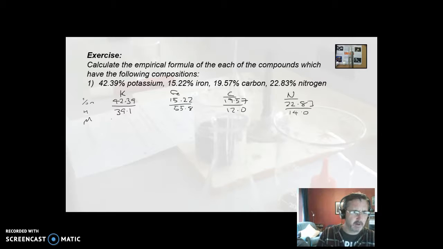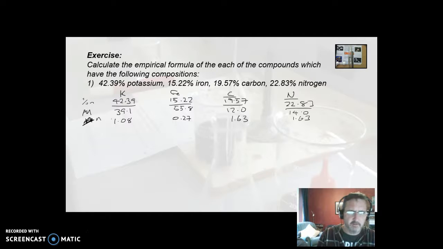Sorry, wrong way around: percentage mass, molar mass, and moles. And so we're going to get 1.08, 0.27, and 1.63 and 1.63.